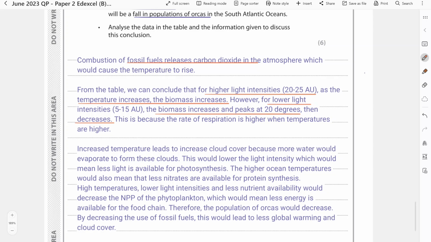And then an explanation for that data. This is because rate of respiration increases when temperatures are higher. I'm just going to write this down. So this is F for fossil fuel hypothesis. This is D for description of data, and then you've got explanation over here.